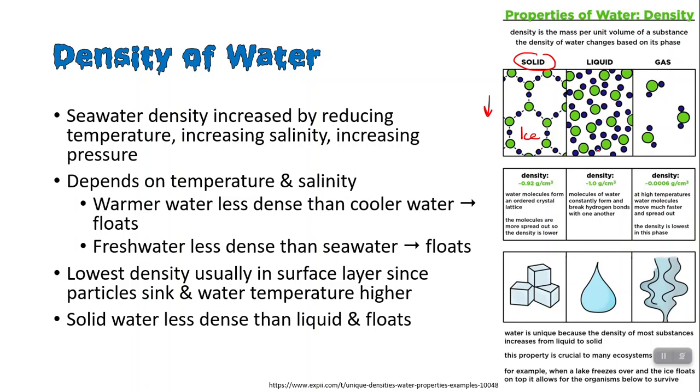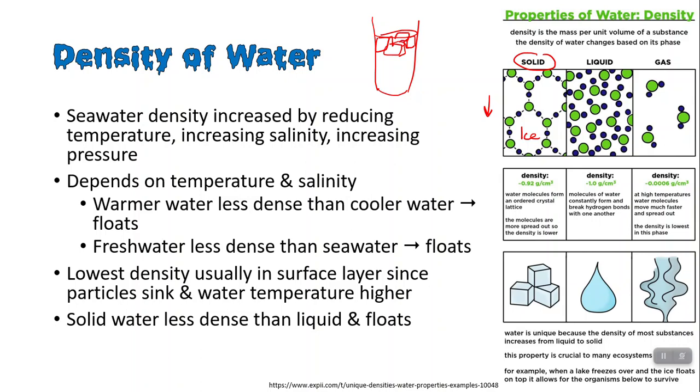Notice in liquid water everything's far more packed in than in ice. So if you've ever poured water in a glass and then you have ice cubes in it, those ice cubes will float. Unless they get stuck to the bottom of the glass, the ice always floats. And that's because ice is less dense.